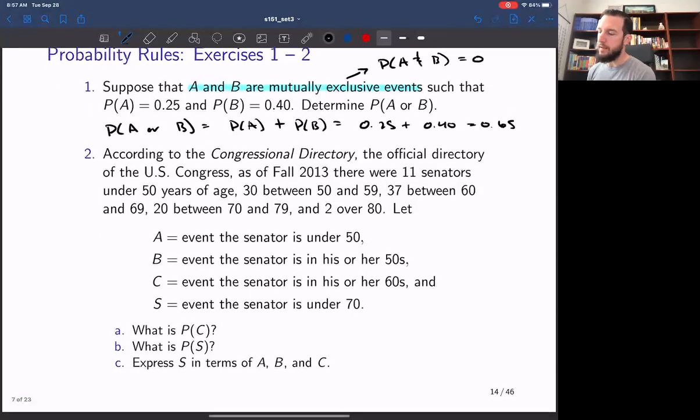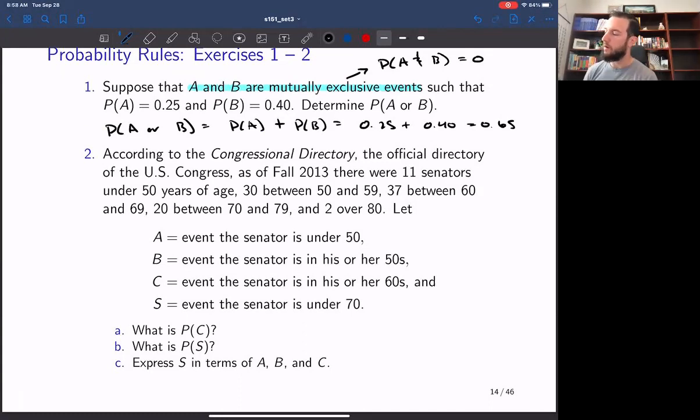In number 2, it says, according to the Congressional Directory, the official directory of the US Congress, as of fall 2013, so this is very, very updated information, there were 11 senators under 50 years of age, 30 senators between 50 and 59, 37 between 60 and 69, 20 between 70 and 79, and 2 over 80.